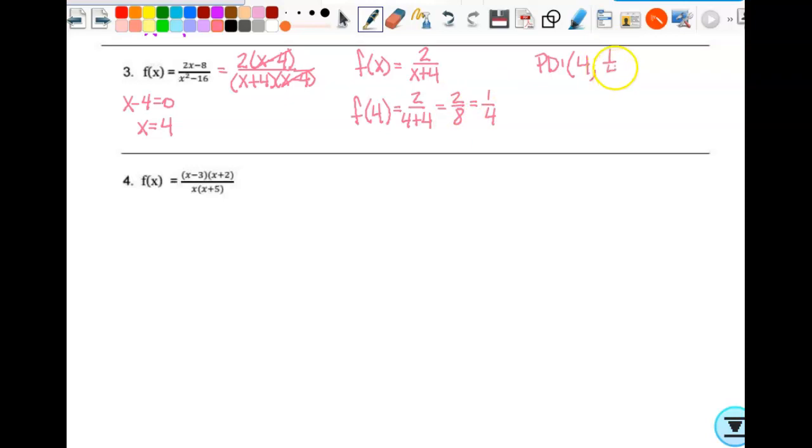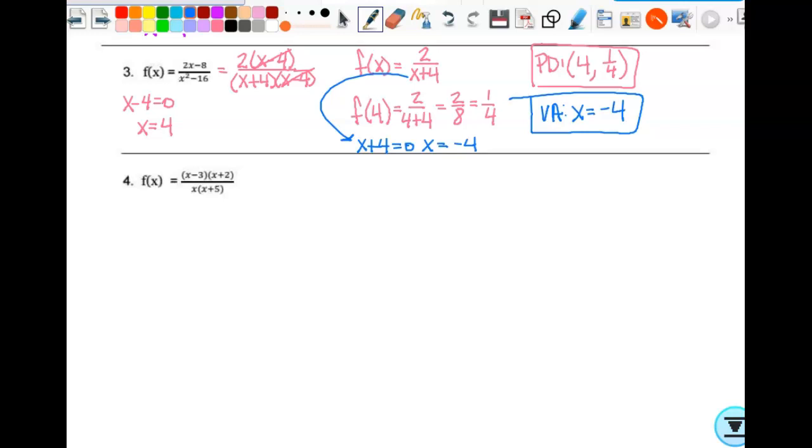So I have a hole at (4, 1/4). Okay? That has to come first. Then I can take this denominator and say, all right, now I have x plus 4 equals 0, so x equals negative 4, and my vertical asymptote is x equals negative 4.